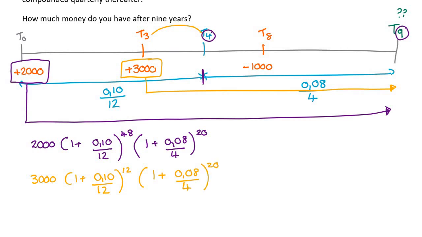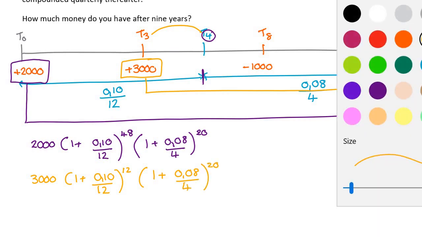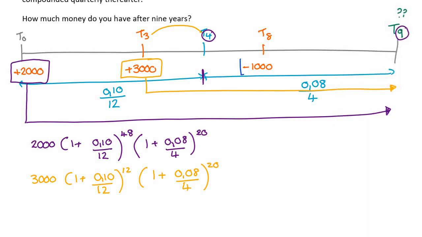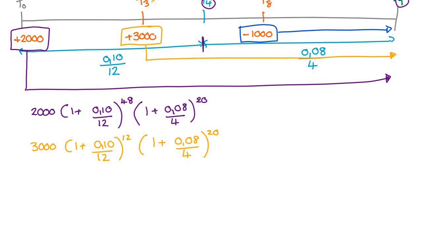So that's 20. And then finally, I've got my 1,000 Rand, and I need to move that all the way to the end. My 1,000 Rand didn't get any of the 10% because it wasn't withdrawn yet. So it's only the 8% compounded quarterly, and that's only 1 year between the 8th year and the 9th year. So that's only 4 quarters.